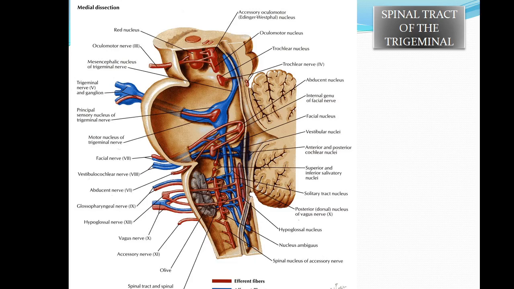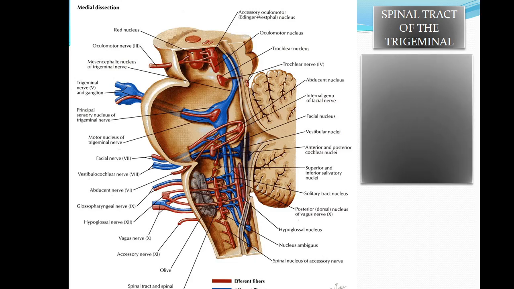Here, this is the median section of the medulla oblongata. We can examine it from the medial aspect. The trigeminal nerve, as you can see over here, is attached to the pons.